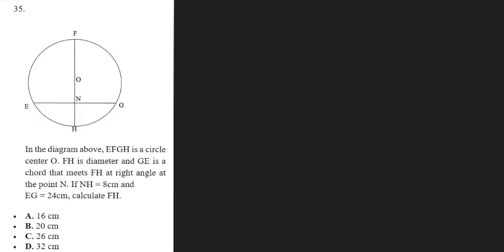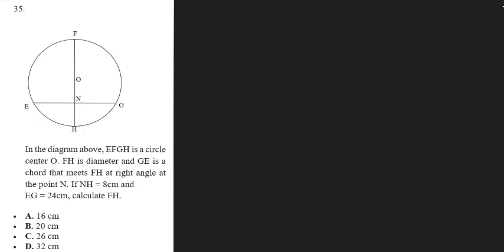Now, for the question, we know that OH, the distance from O here to H, from here to the center, is the radius, right? And you can say that this red line here is actually the addition of NH or HN plus NO. There's a reason why we're following it this way.